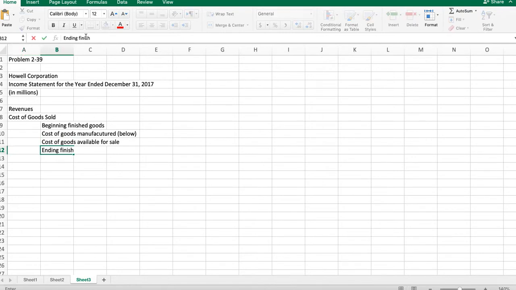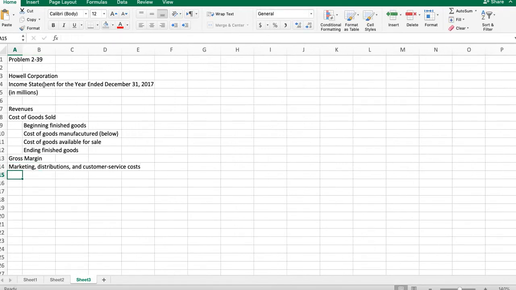And if I subtract my ending finished goods, then I have my cost of goods sold and subsequently my gross margin. Then I subtract my operating expenses, my period expenses, those that are not product expenses. And then you can do a little bit of formatting if you want to. It always looks nice.